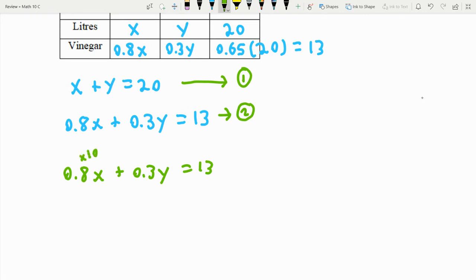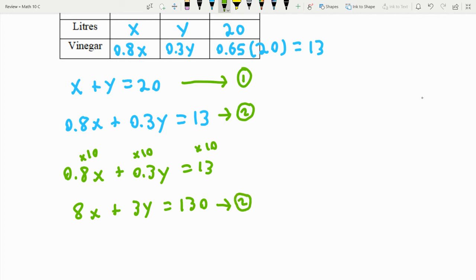If I do that, I should get 8x plus 3y equals 13 times 10, which is 130. And this would be my equation 2 that I manipulated.